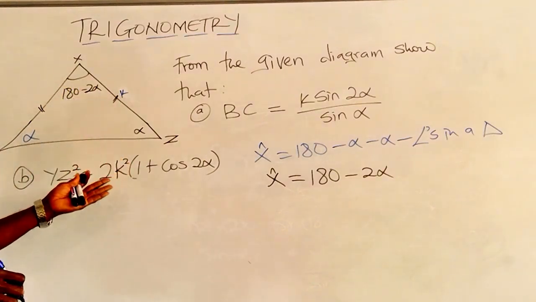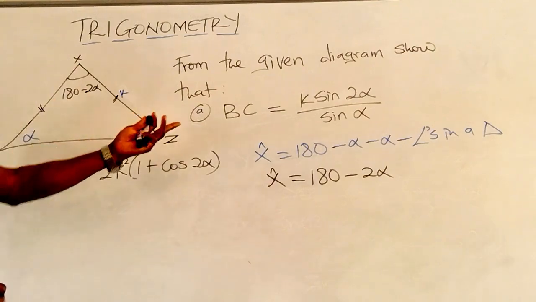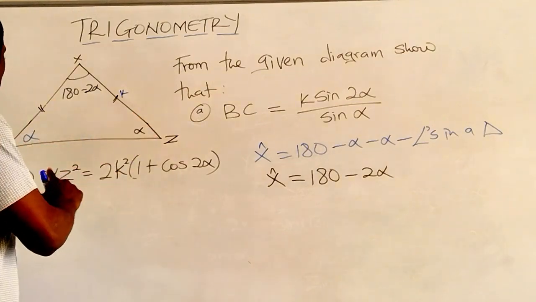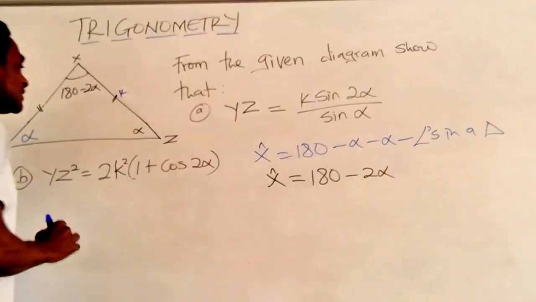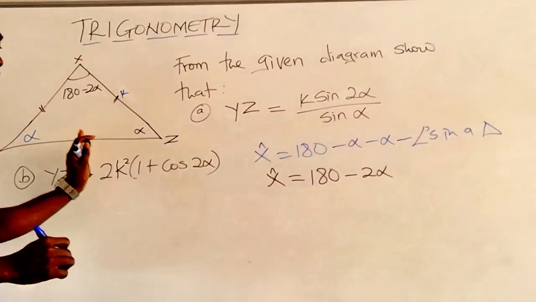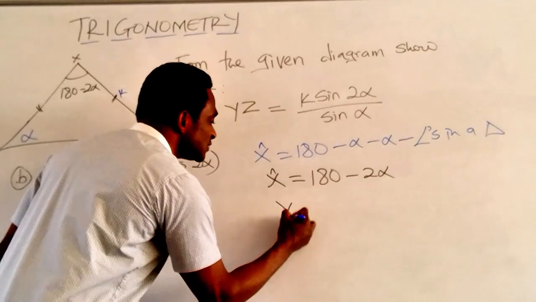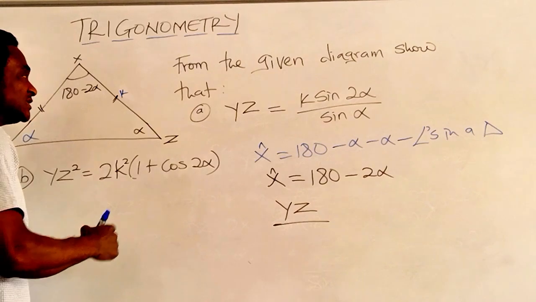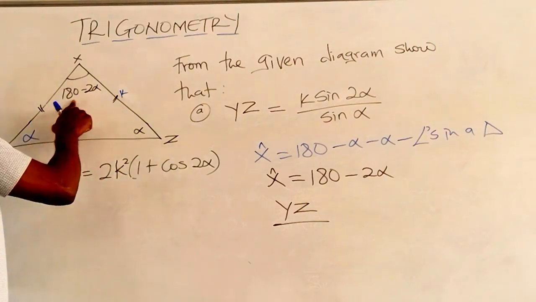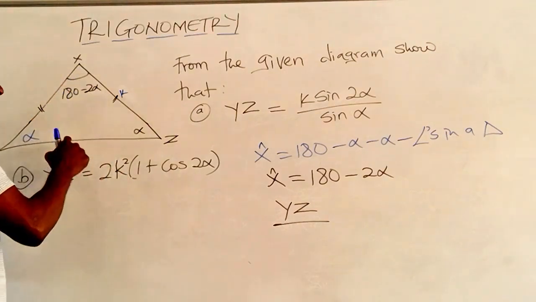Now we use it and use sine rule to get this. They want YZ in this case. So YZ using sine rule will be YZ over the angle facing it. That was why we went through this stress, because we need to get the angle facing that length.